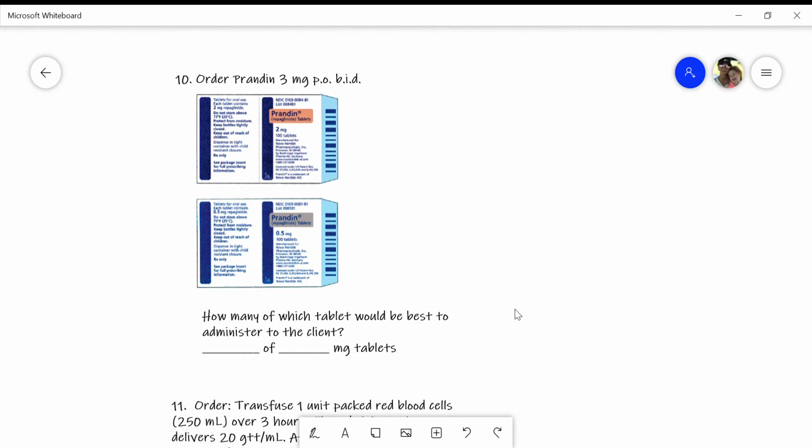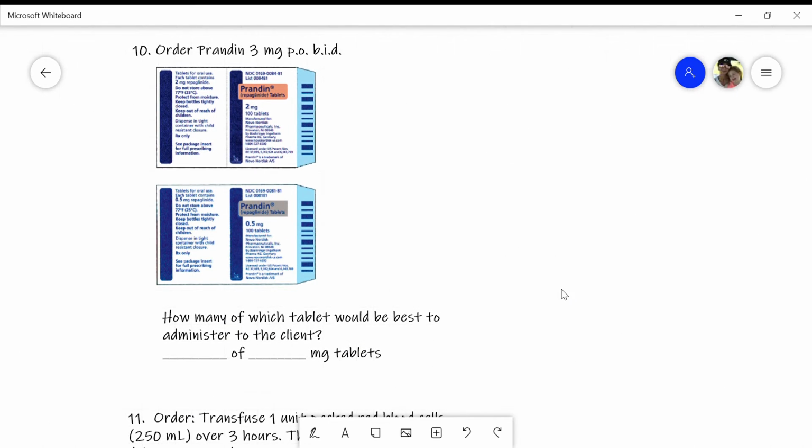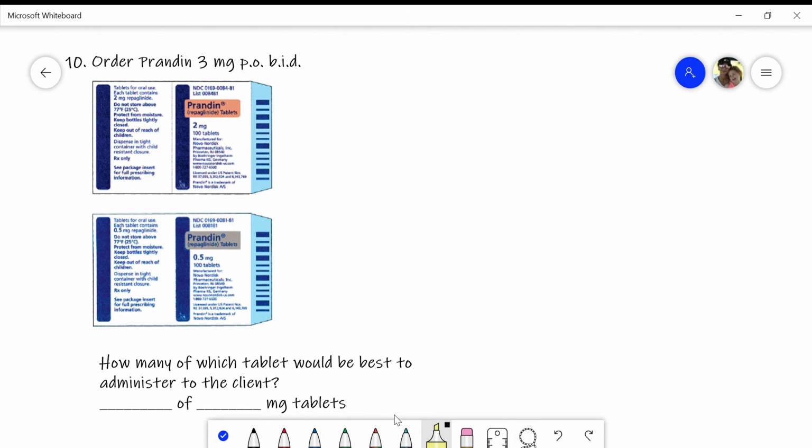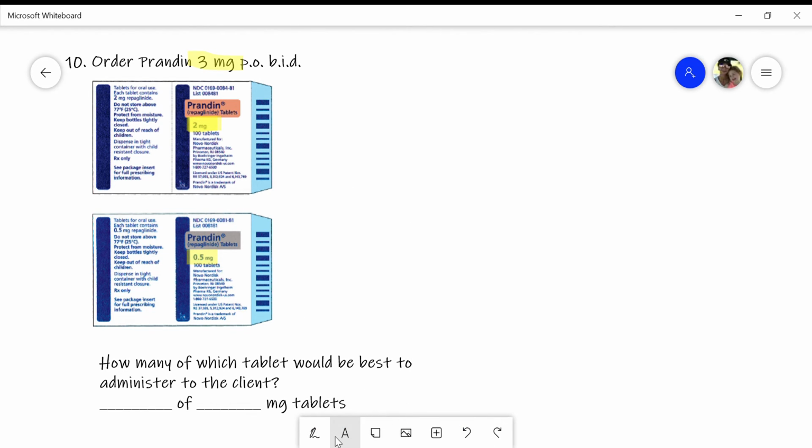All right, and for number 10, our order is 3 milligrams, and which of the tablets would be best to administer to the client? If we've got half a milligram tablets and 2 milligram tablets, we know we need 3 milligrams.